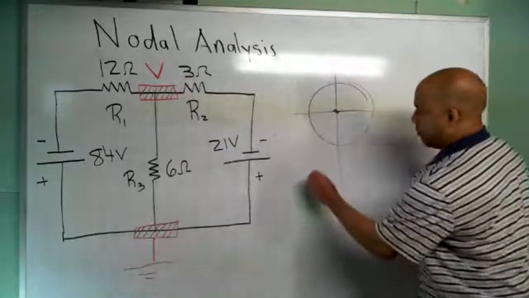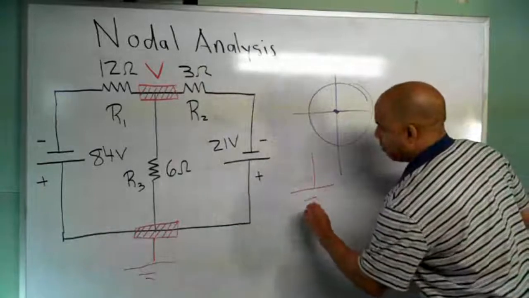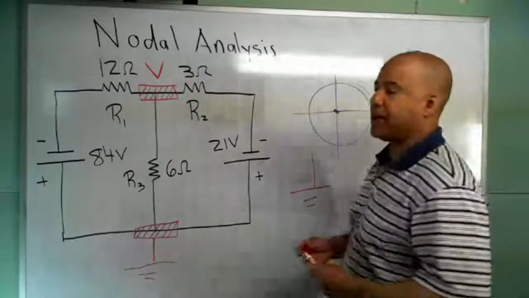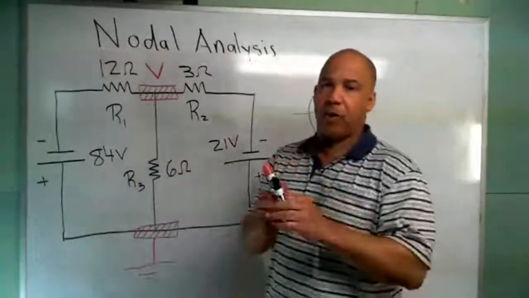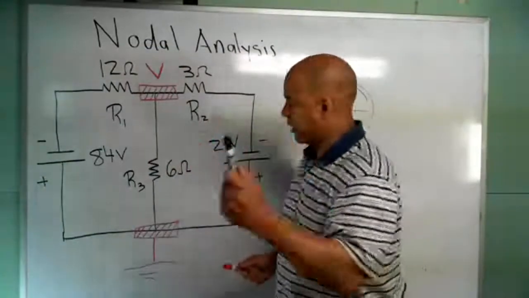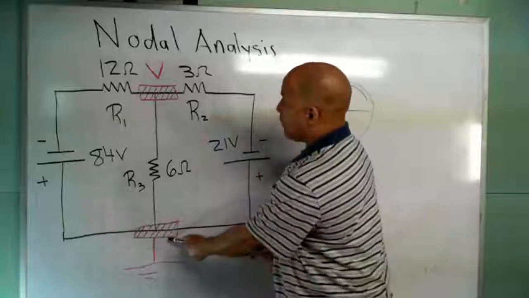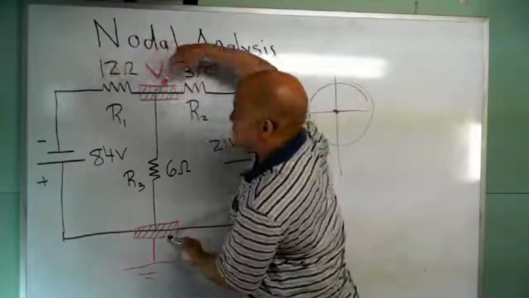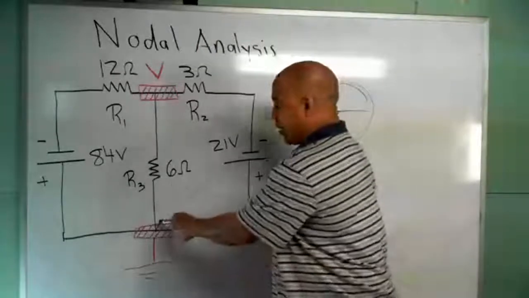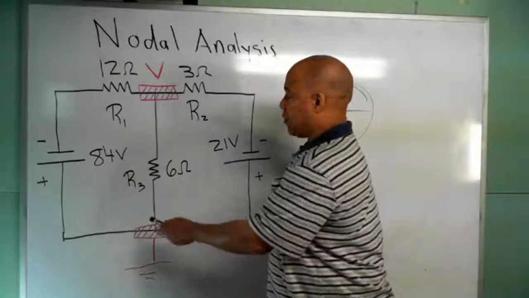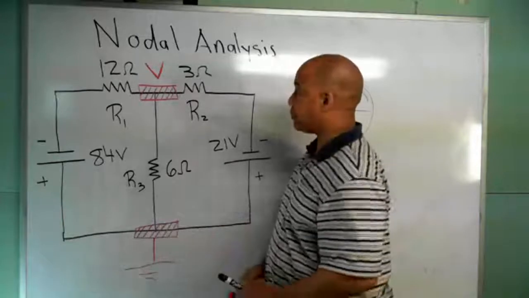So remember, this symbol is ground. What reference node means is that if I have my black lead and my red lead on my meter, my black lead goes at the reference. I'll keep it there, and I use my red lead to measure the voltages in the circuit. So a reference means I'm going to take my black lead, hook it there, and I'm not going to move it. So everything will be with respect to that point in the circuit.